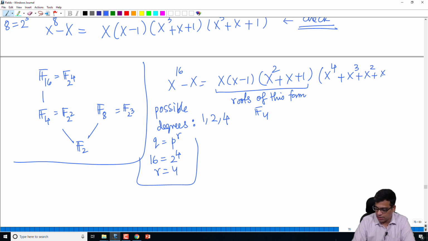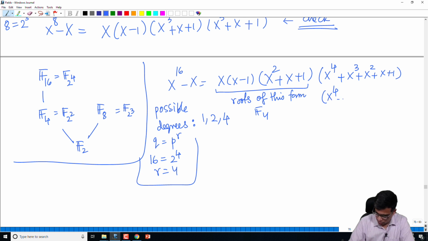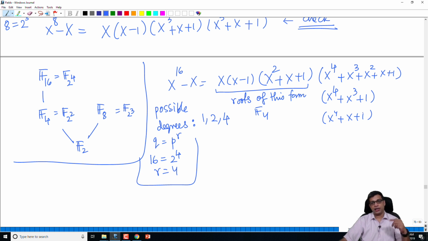And I have computed this, this is what it looks like. So I will write it down and you can check this: x^4 + x^3 + 1, x^4 + x + 1. Okay, so this is the factorization, again illustrating the last part of the structure theorem.